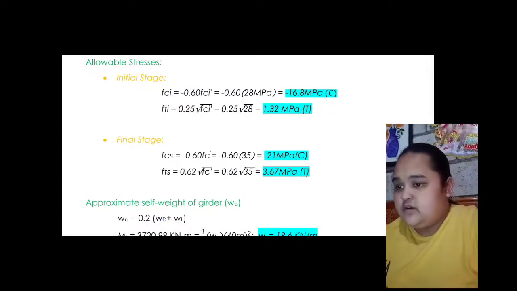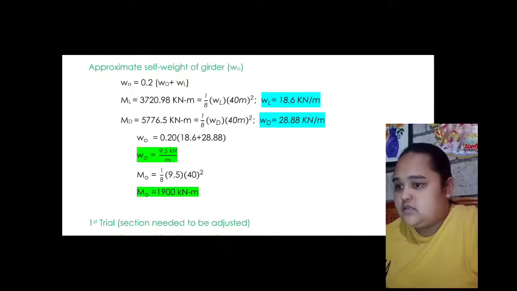Approximate self-weight of girder WO is equal to 0.2 quantity WD plus WL. ML is equal to 3720.98 kilonewton meter. Is equal to 1/8 WL 40 meters squared.